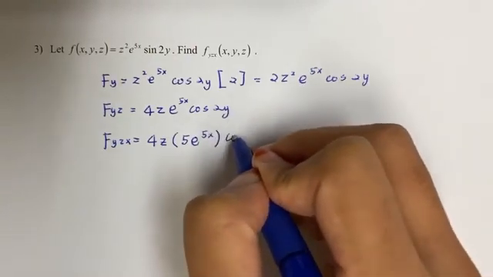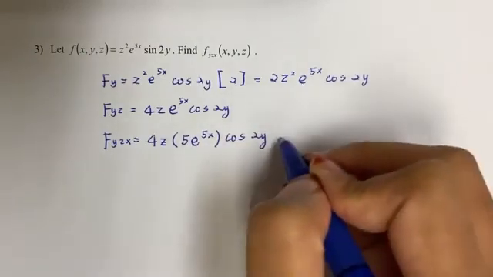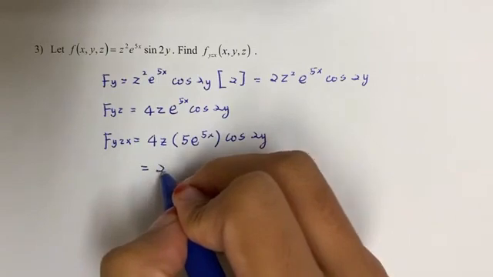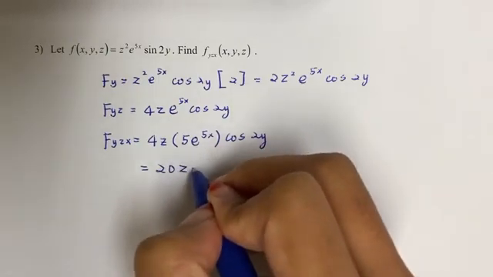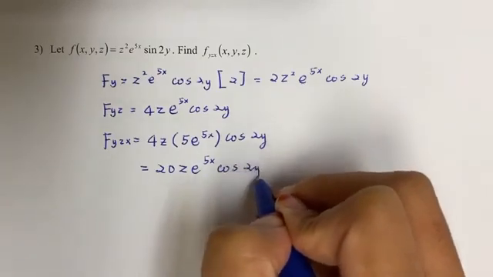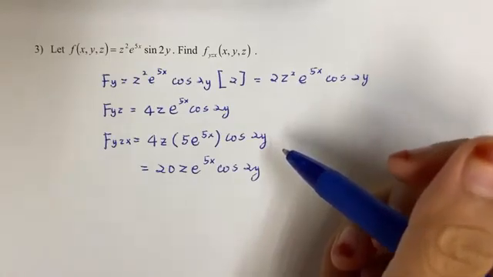Cos 2y remains. Okay, so for this one, multiply 4 with 5, you have 20 z exponent 5x cos 2y. Okay, so this is the final answer for this example.